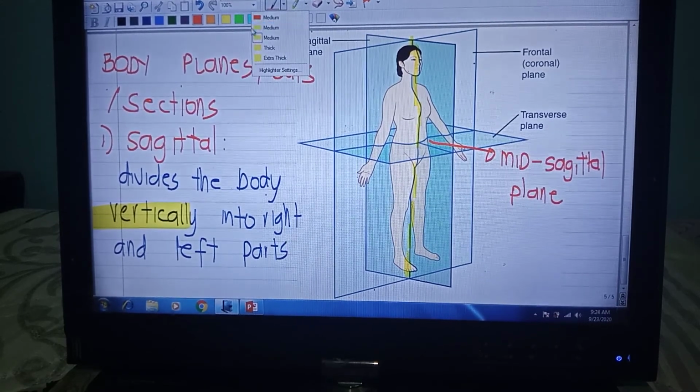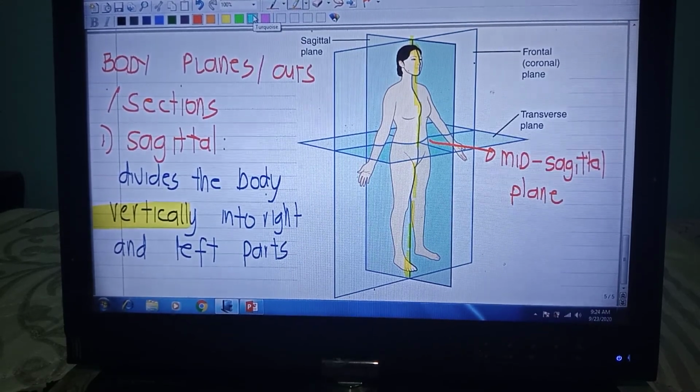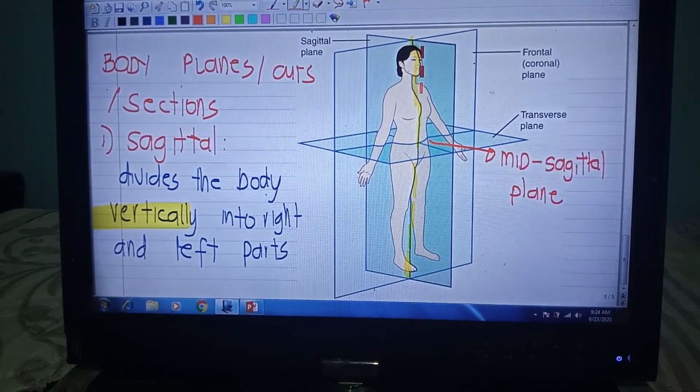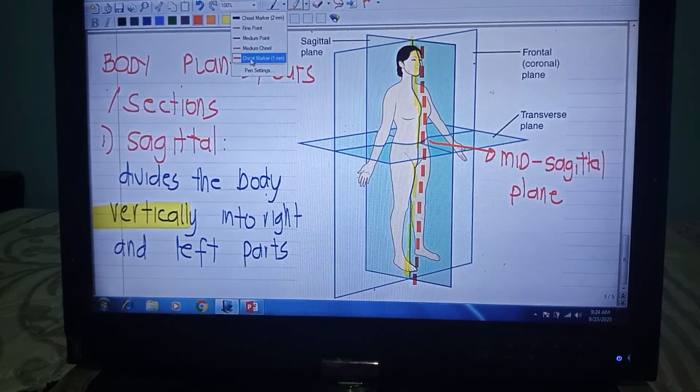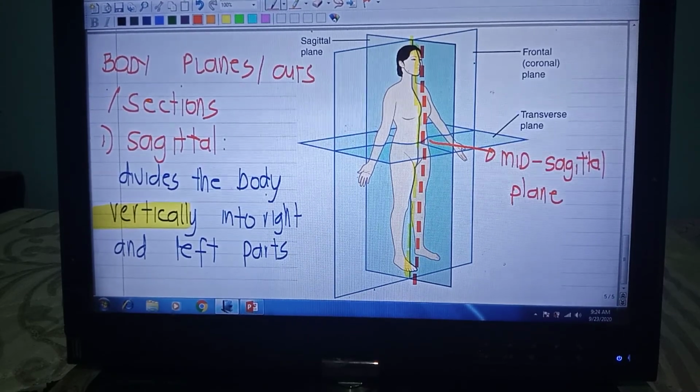However, if the cut is not exactly, paano kapag hindi eksakto sa gitna? Di ba sir, ang hati pa rin yan, left and right pa rin? Pero kapag yung hati ay nasa gitna, mid-sagittal. Paano kapag hindi mismo sa gitna? Yes, very good.